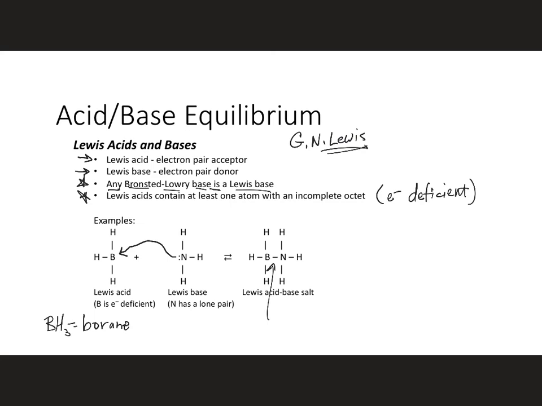Again, there's my curved arrow. My electrons are going from the nitrogen, so the nitrogen is donating an electron pair. The boron is accepting the electron pair. And we have this Lewis acid-base adduct. This concludes our discussion of acid-base equilibria. Our next video will be a short video talking about buffer systems.